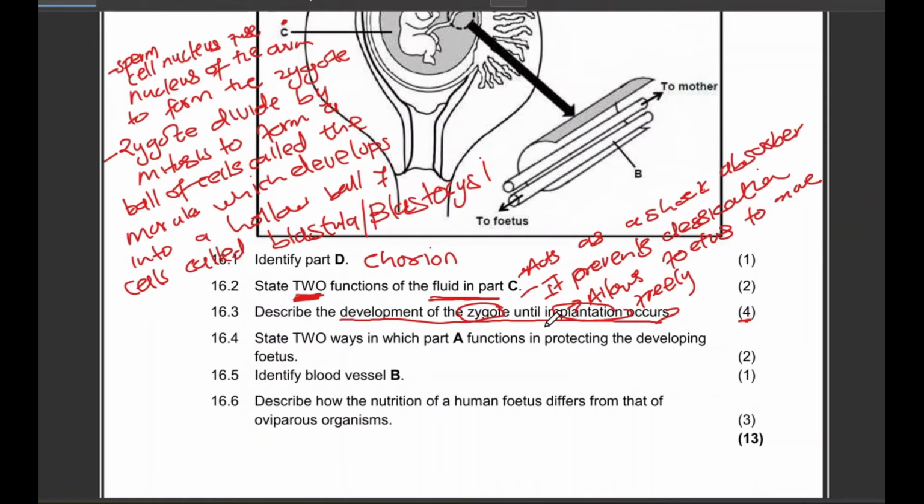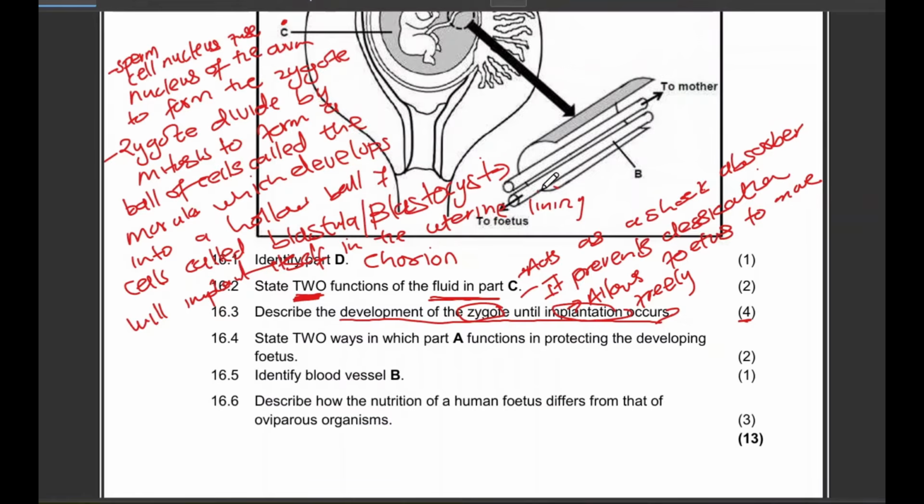Until implantation, which will implant itself in the uterine lining. Okay. So we know that the zygote will undergo mitosis to form morula. Even at that stage, guys, mitosis will continue in those cells up until we have this blastula or blastocyst.